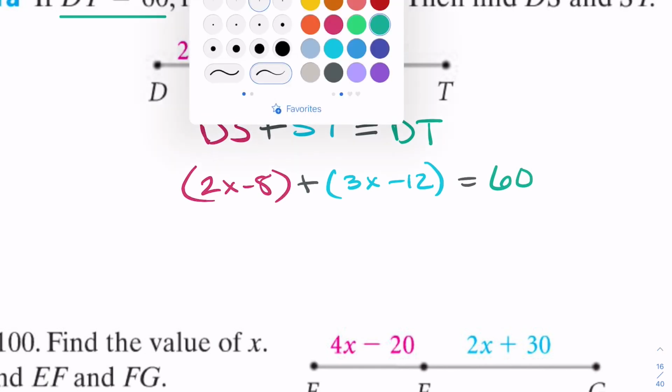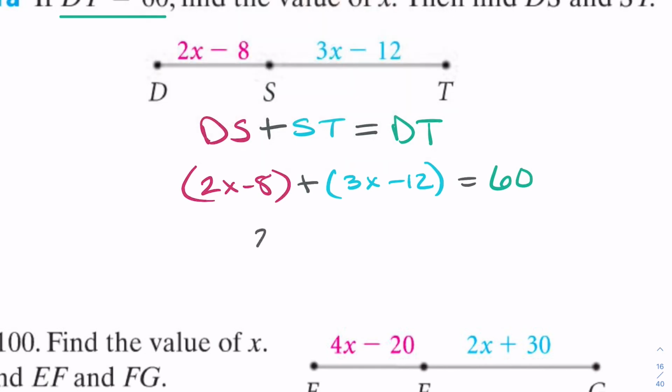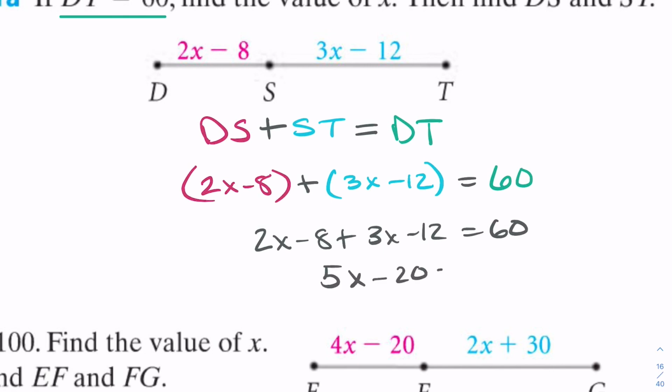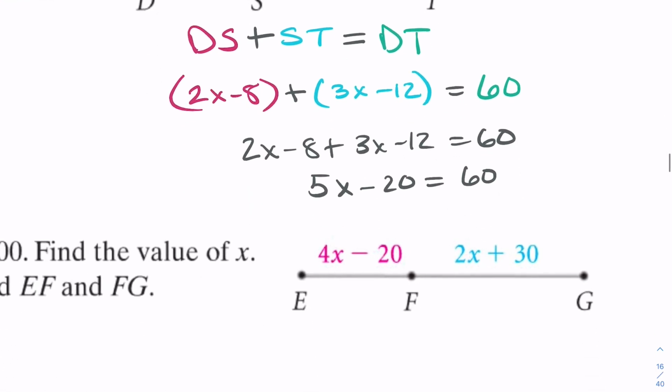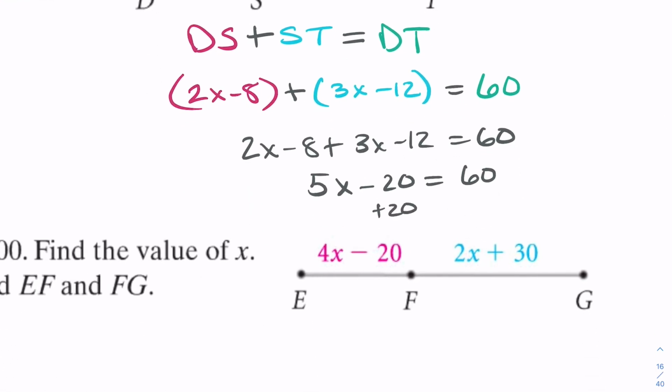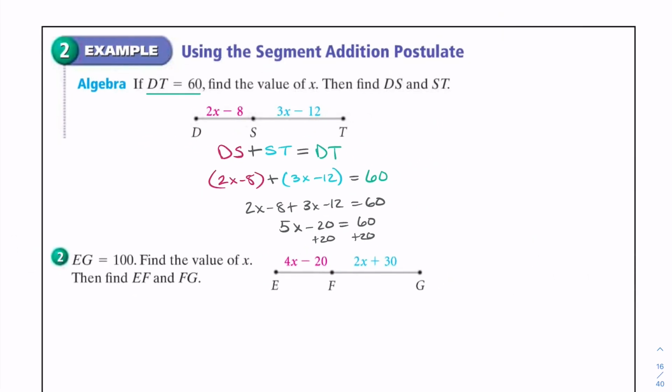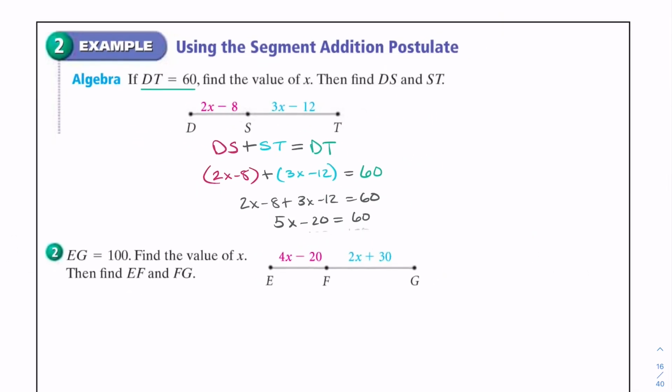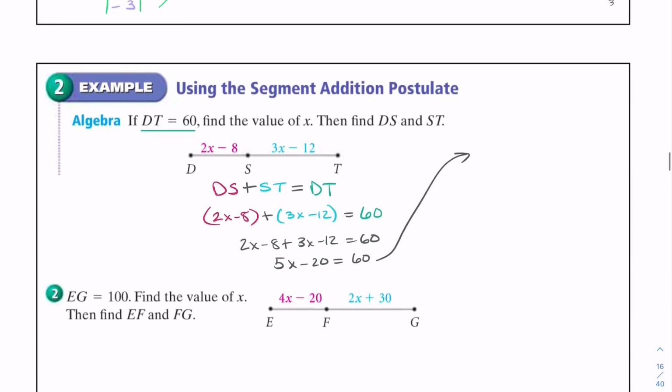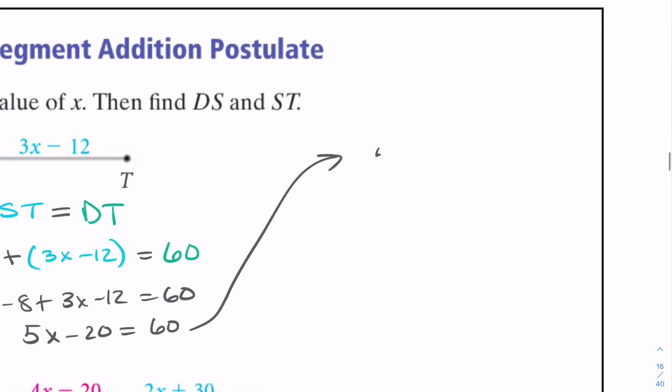So now I'm going to just combine it. So I'm going to have 2x minus 8 plus 3x minus 12 equals 60. I'm going to combine like terms. 5x take away 20 equals 60.